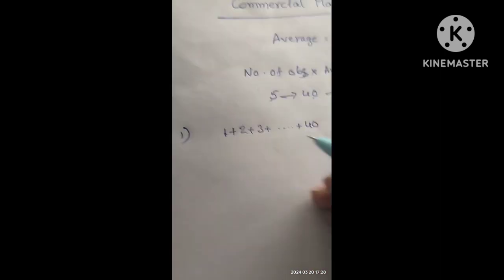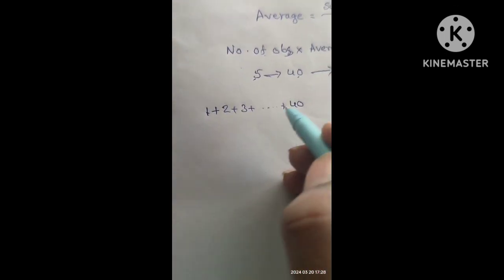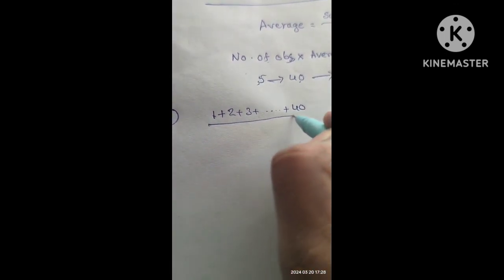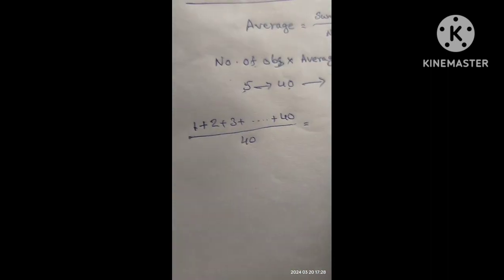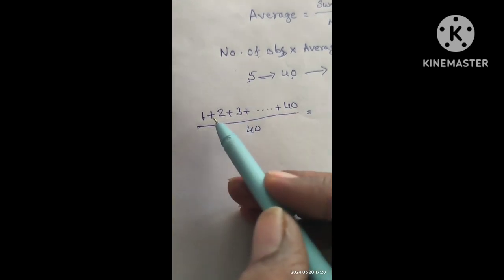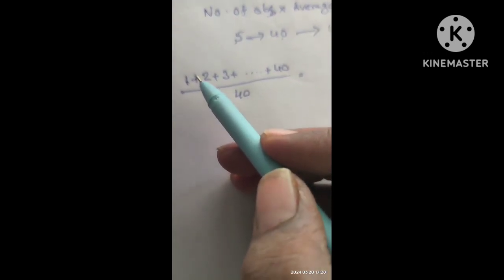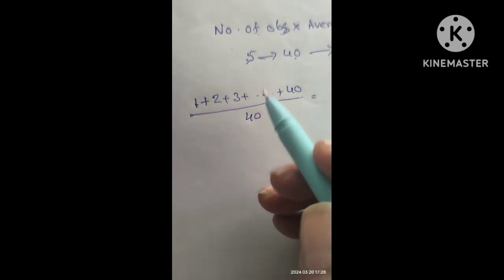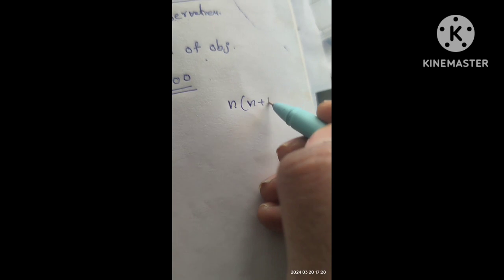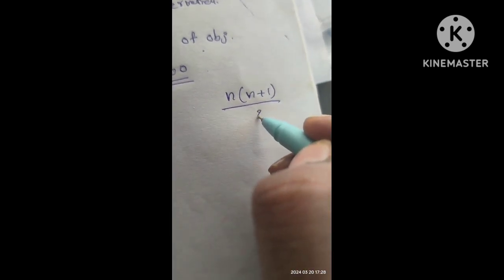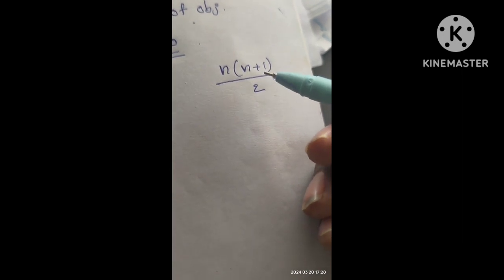He said the sum of first 40 natural numbers. Number of observations is 40. To find its value, we have already learned one formula, that is, the sum of first n natural numbers is n into n plus 1 by 2.